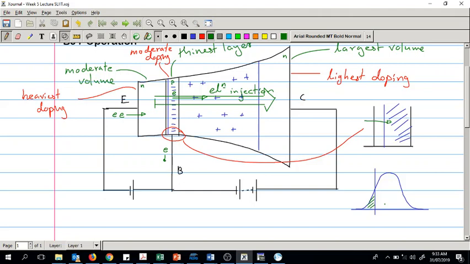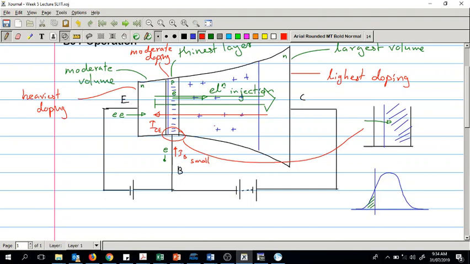Now the result is that with a very small base current, this is IB, small, you will have a large ICE, that is the collector to emitter current.